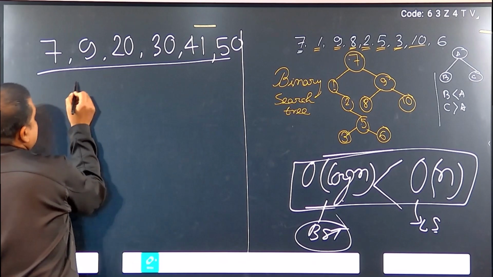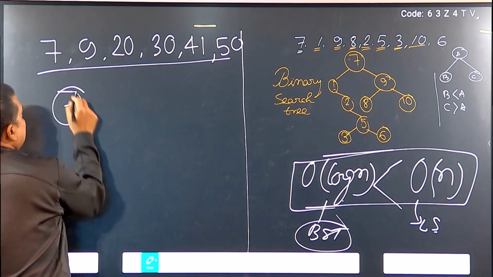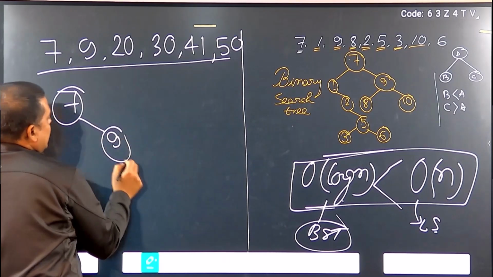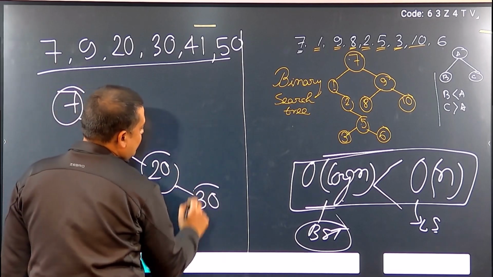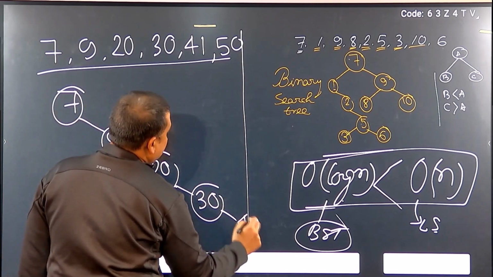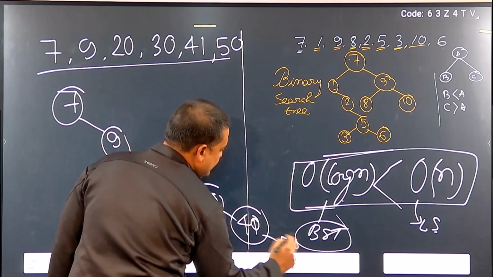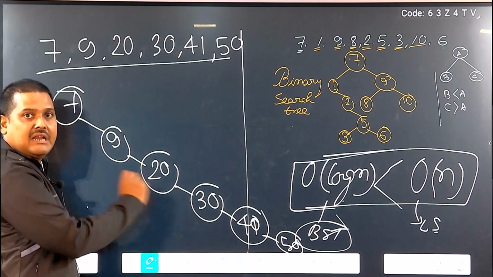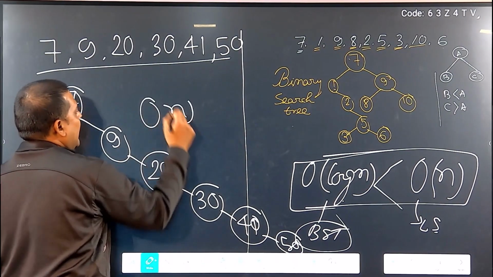If we try to arrange them, 7 will be here, 9 is greater than 7 so its right child, 20 its right child, 30 its right child, 41 its right child, and then 50 is its right child. Again, if I try to search 50, how many comparisons are required? N comparisons. Still we have big O of n.